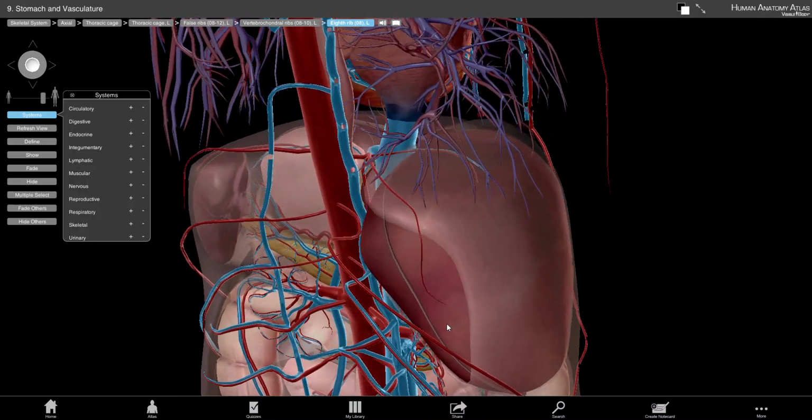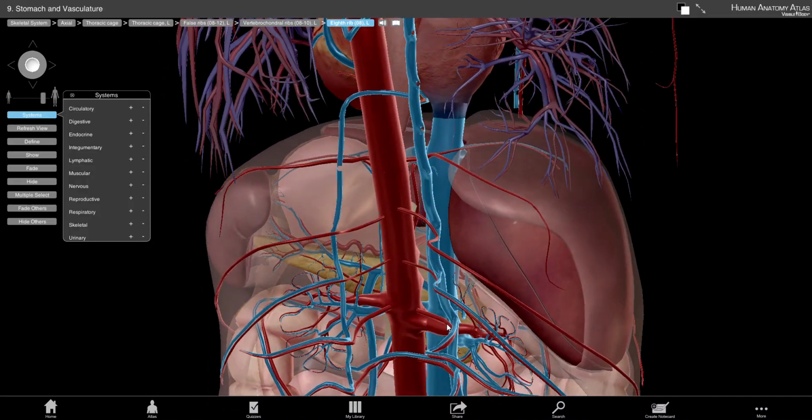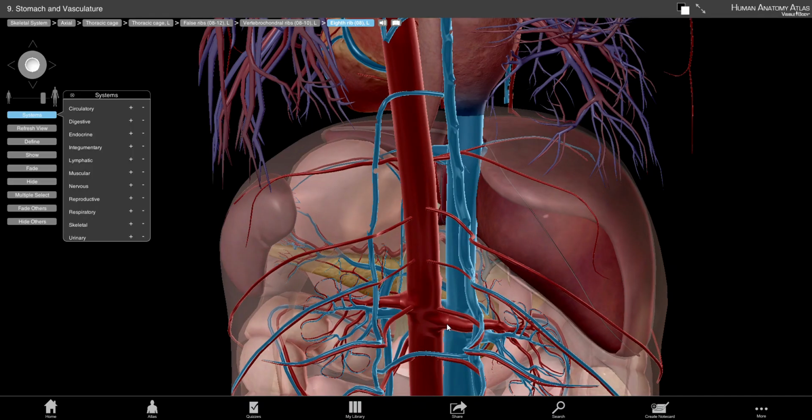which forms the posterior aspect of the stomach. So the stomach lies in this bed, which is called the stomach bed. The stomach bed is formed by the pancreas, and this is the spleen, as well as the left kidney and the left suprarenal gland.